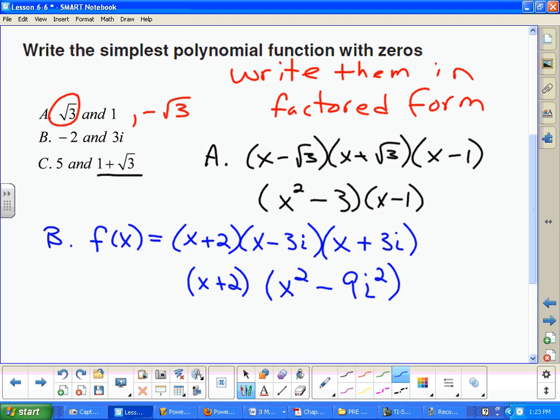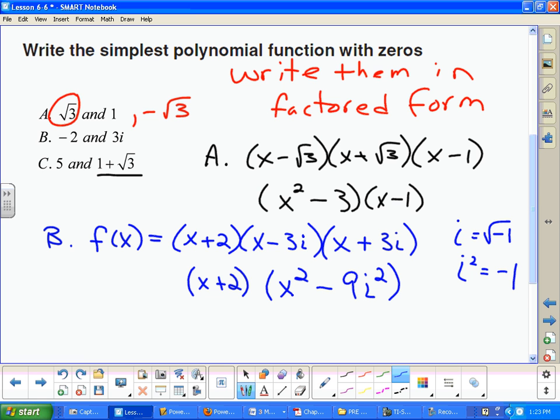Who remembers what i squared equals? i is equal to the square root of negative 1, right? And what happens when you square a square root? You get rid of it, right? So i squared would equal negative 1. Right? If I square this, it gets rid of the radical, correct? And I have negative 1 left.